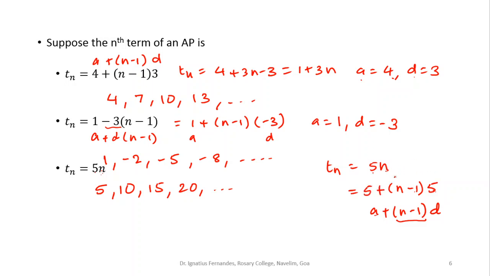So this 5n can be written as 5 plus n minus 1 into 5. So this becomes your a and this becomes your d. So this is an arithmetic progression whose first term is 5 and the common difference is also 5, as we already saw. So if you know the nth term of the arithmetic progression, you can very well write down its explicit form.